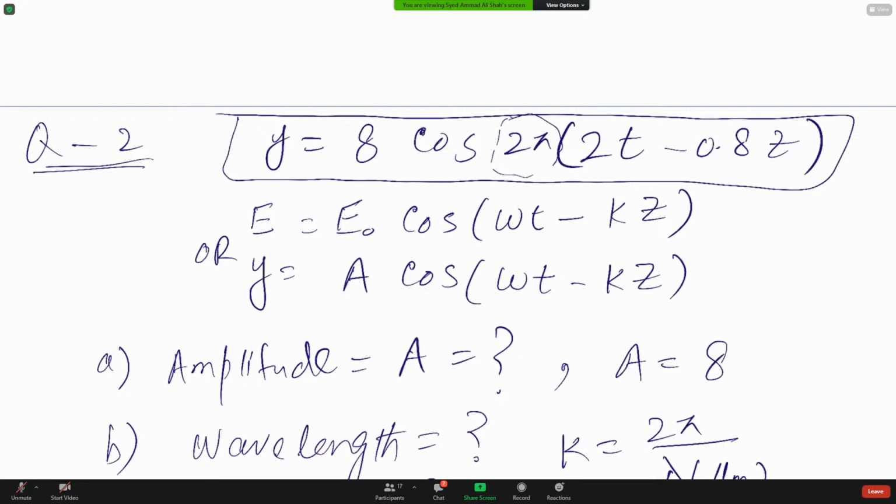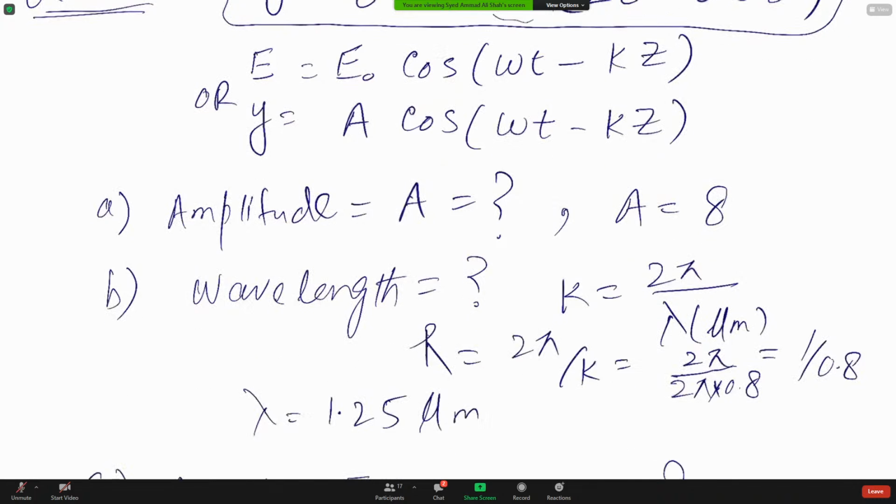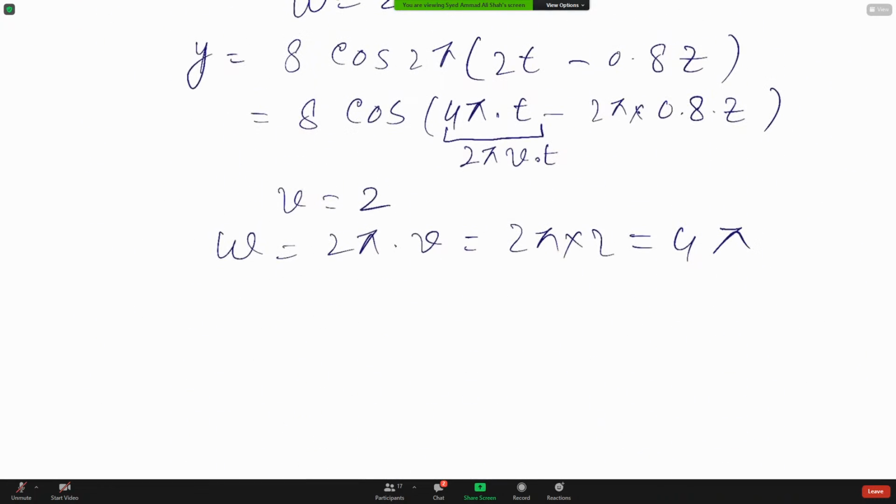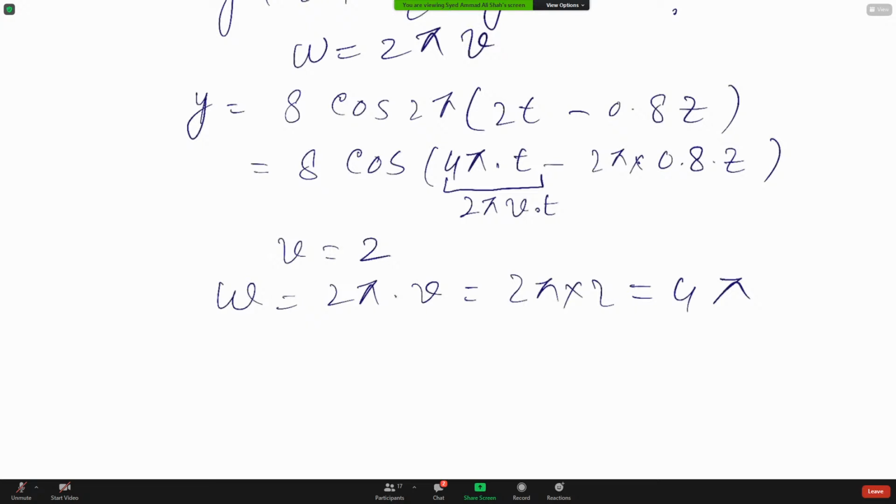So 2 into 2 pi, 4 pi. It's saying find omega, so you can straightforwardly equate: instead of omega I have 4 pi. So omega is equal to 4 pi. Or you can calculate it like this. It's up to you.